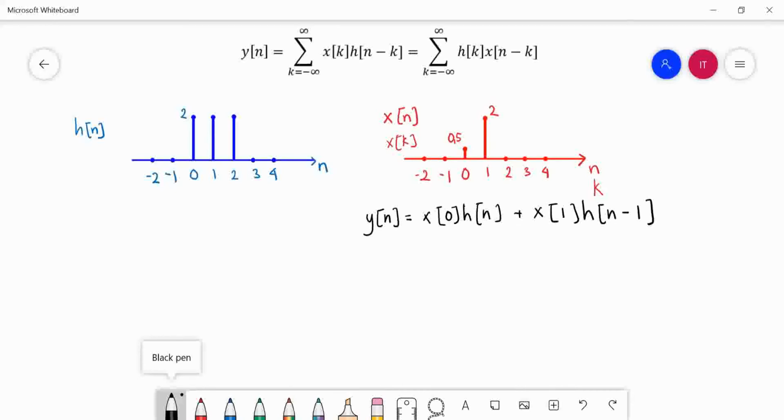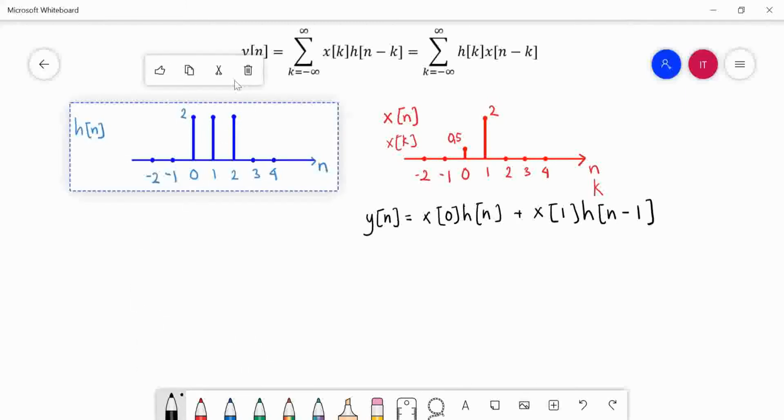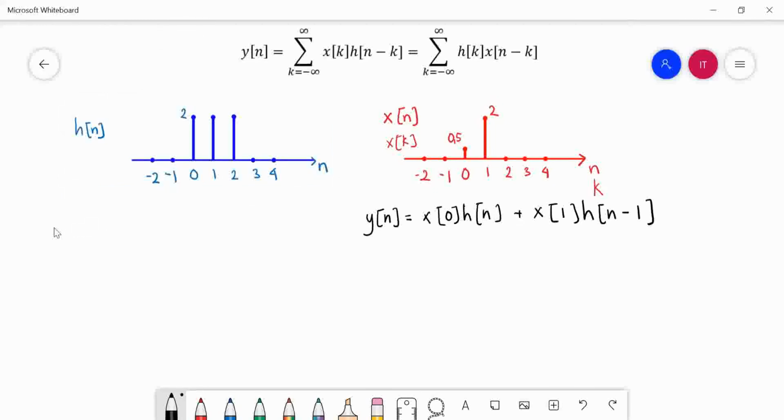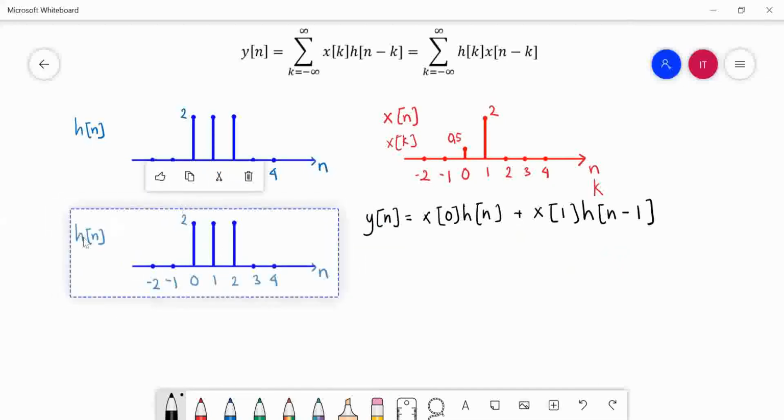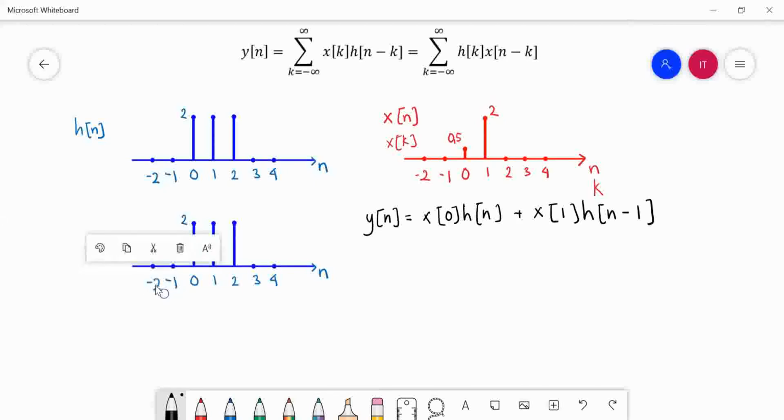So now we know that x[0] is 0.5, h[n] is given by the blue figure here, and x[1] is 2, with h[n minus 1]. So we now need the impulse response that is shifted by 1.